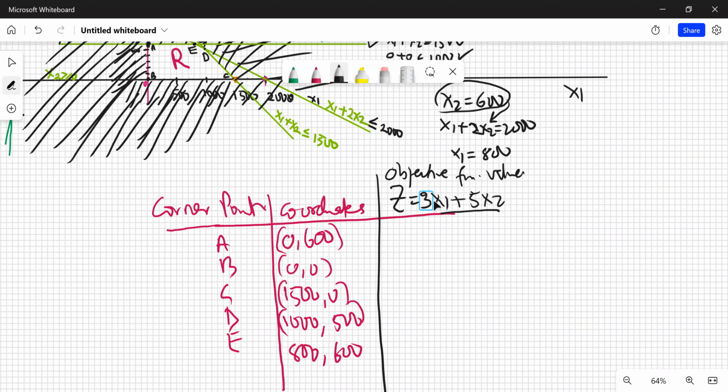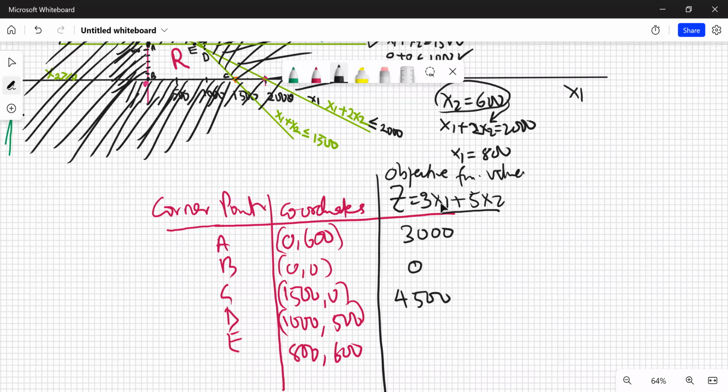So if we put 0 here and we put 600 here, the first one will give us 3000. So that is the value of the objective function. If you put 0 here and you also put 0 there, this will be 0. If you put 1500 here and you put 0 there, this will be 4500.